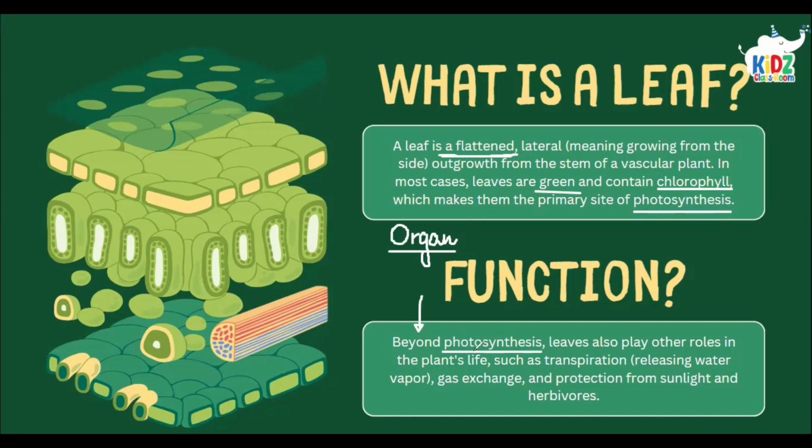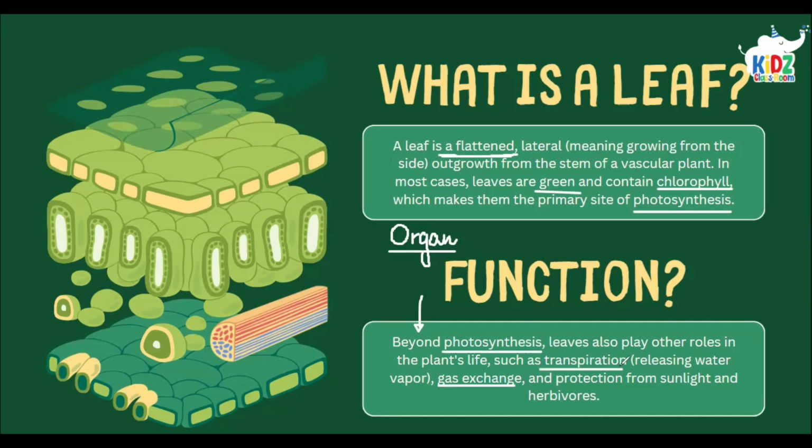Beyond photosynthesis, leaves also play other roles. How? Leaves play a crucial role in gas exchange, by taking in carbon dioxide and releasing oxygen, and also in regulating water through transpiration.